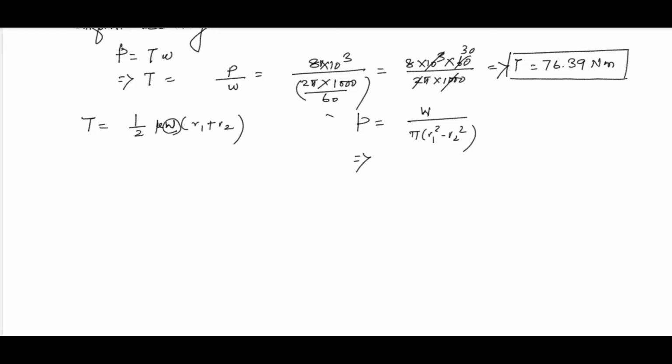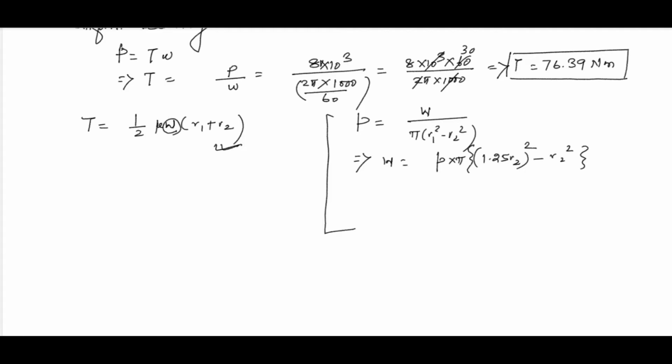That means your W will be P into pi times of (1.25 R2) square minus R2 square. Okay, now substitute this value of W here in this equation.